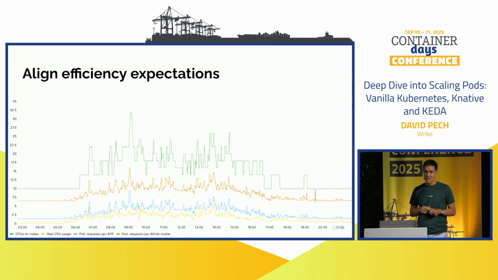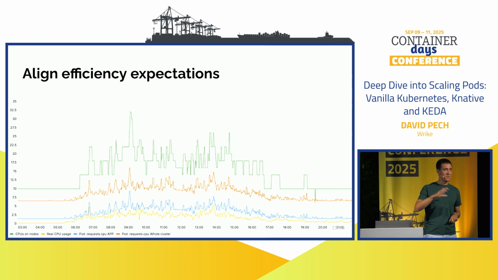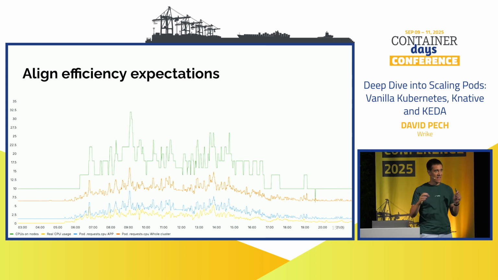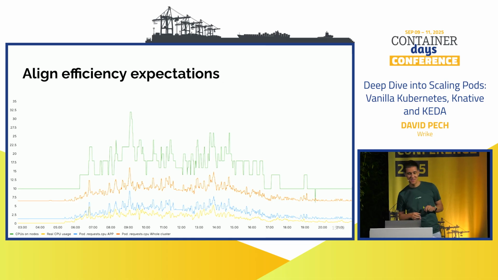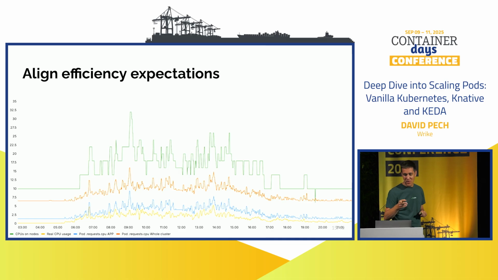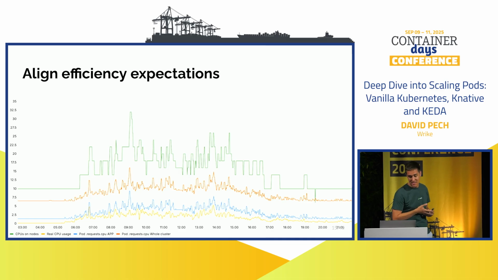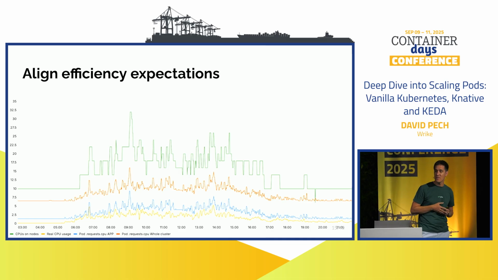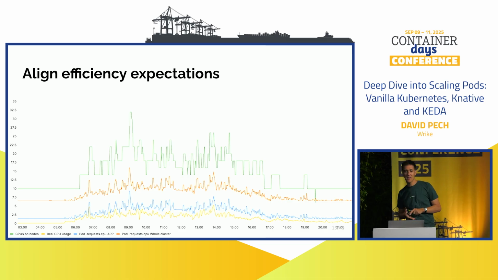So this is one of the examples I have. By the way, sorry, but this was originally intended to be a hands-on workshop, so you could try everything yourself. But I have a few examples that I intended to have there. We have 4 different lines. The green one is how many CPUs we have on the node level. The orange one is the CPU request for the entire cluster, all the applications there.